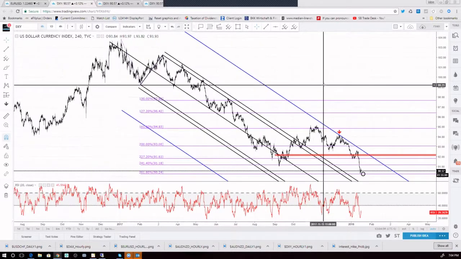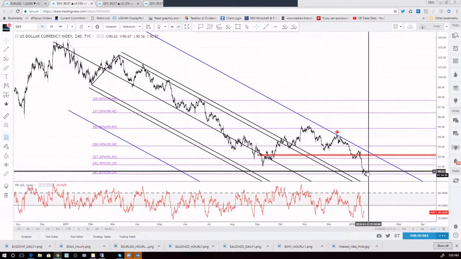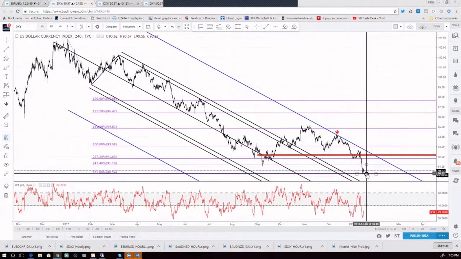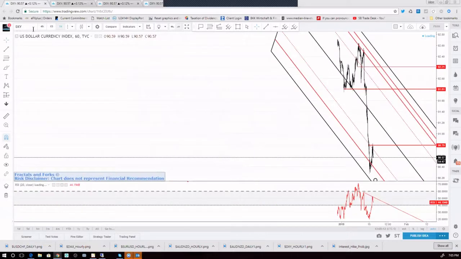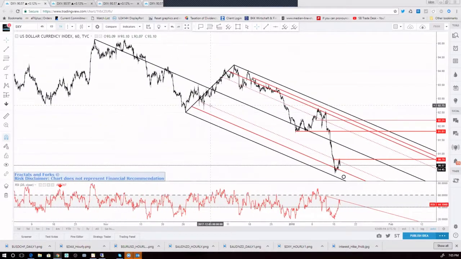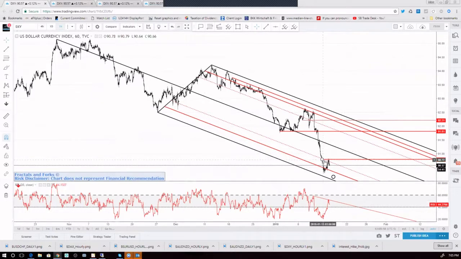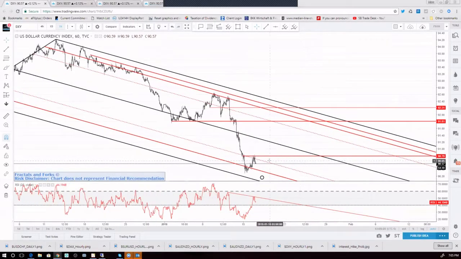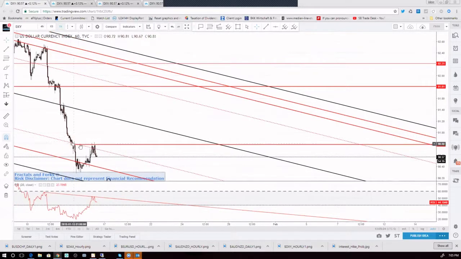Same here, 261.8 extension not touched yet. We had a little bit of a bounce. We're coming back down, and it's clearer on the hourly. We had a bit of a pullback into resistance. I'll show you these hourly reversals.